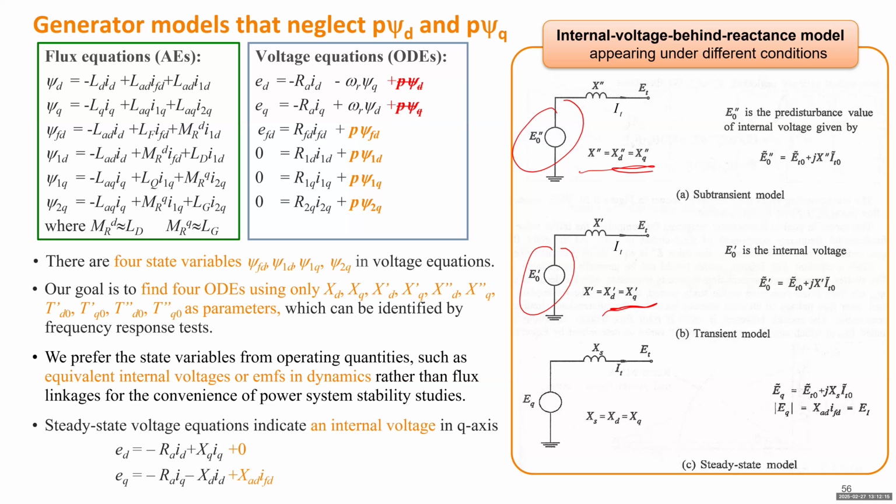All right, so when you focus your dynamic study on a very narrow range of dynamic, let's say I only focus on subtransient dynamics, I can use the first one to connect to the network and do all the calculation. That is actually the model short circuit study people utilize, because short circuit studies only focus on the dynamic within the first maybe 10 or 20 cycles, 0.1 to 0.2 seconds, 100 to 200 millisecond time.